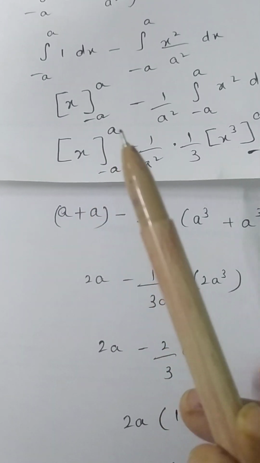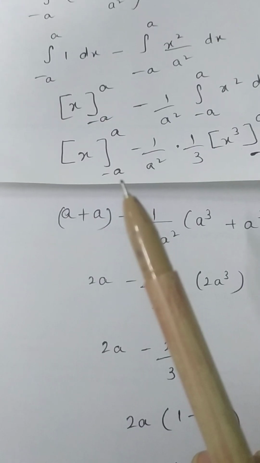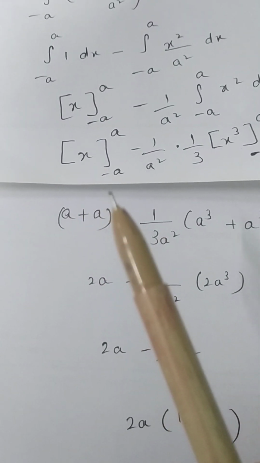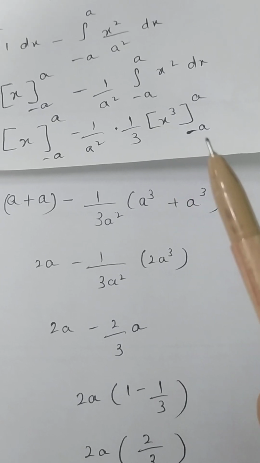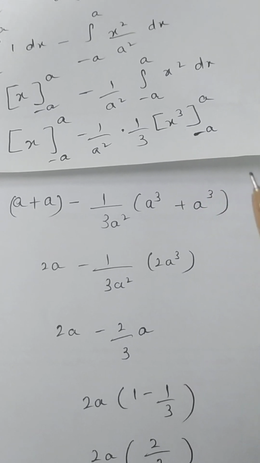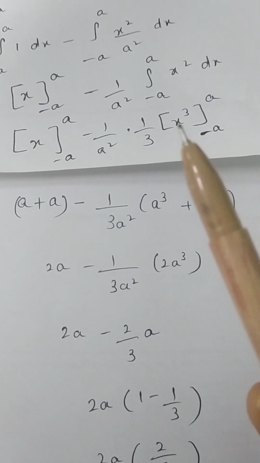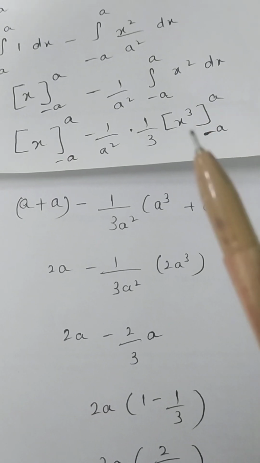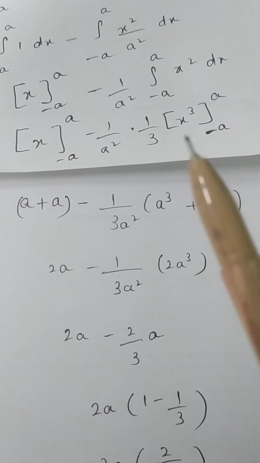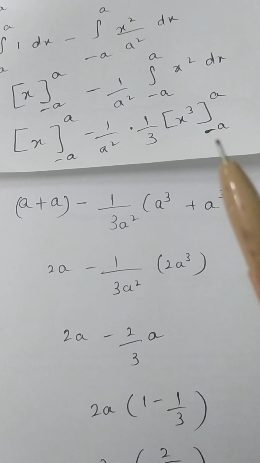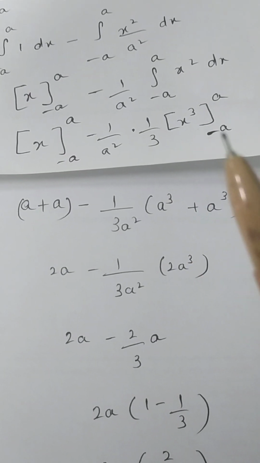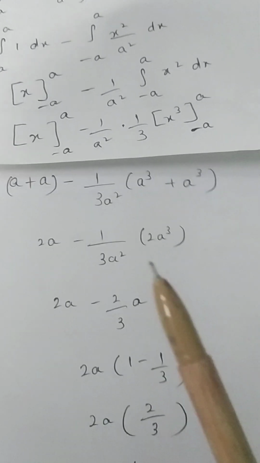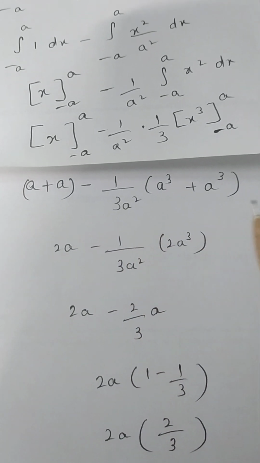So a minus of minus a, plus a, minus 1 by 3a square, a cube minus of minus a cube. Minus of minus is plus, so plus a cube. Minus 1 by 3a square, a cube plus a cube.